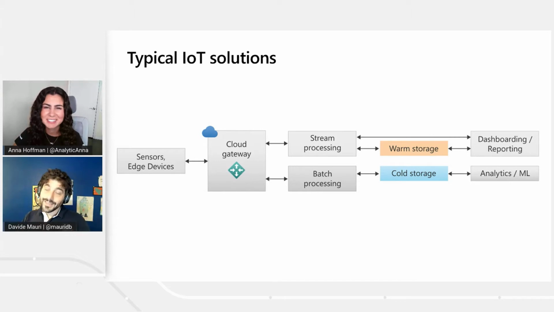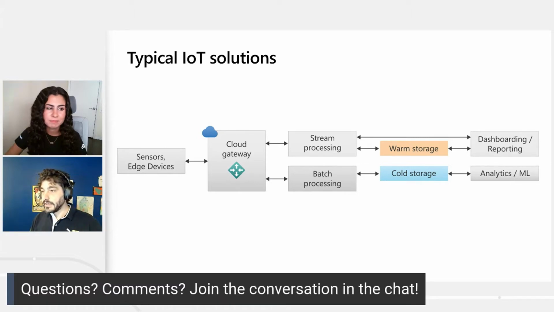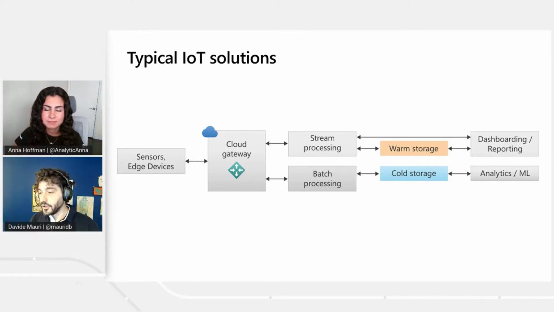And then, at the same time, you want to process the stream, but there are things you can't process on the stream. For example, let's say you want to create a machine learning model that predicts if something is going to fail, or what is the expected value you should get from your IoT device.